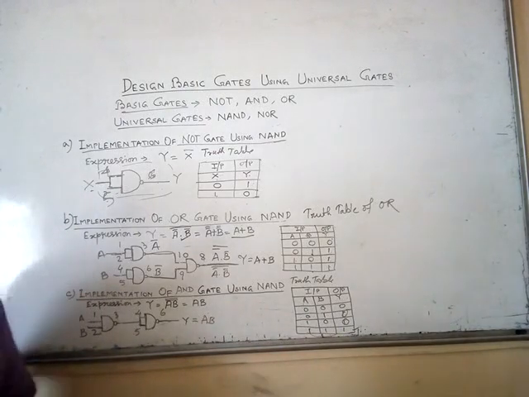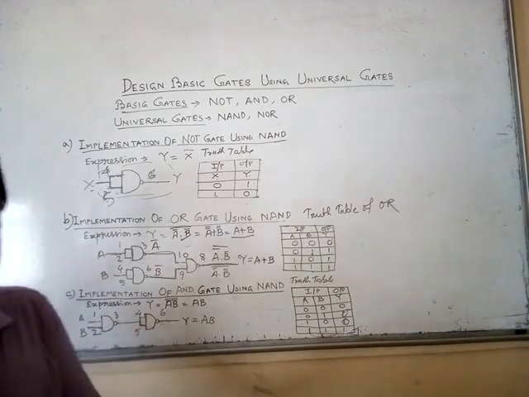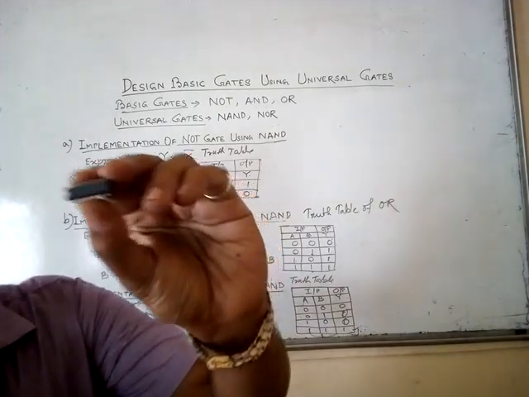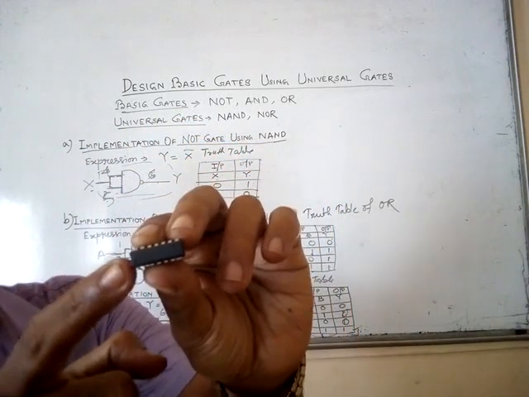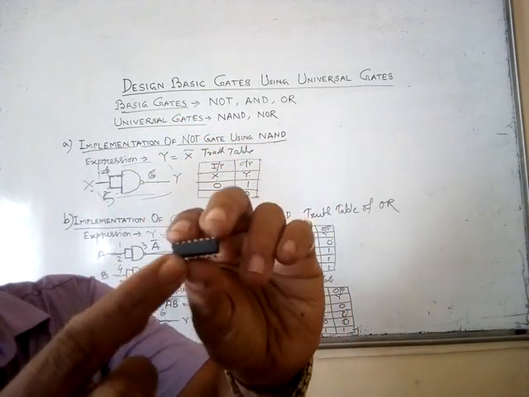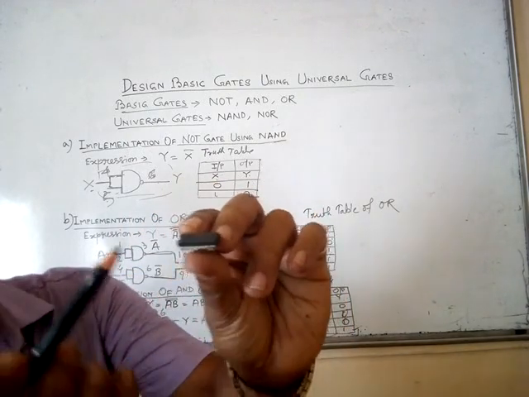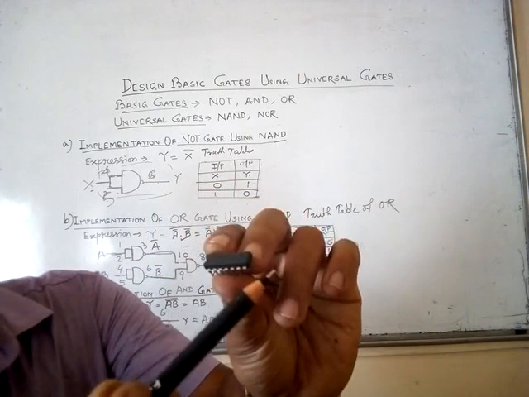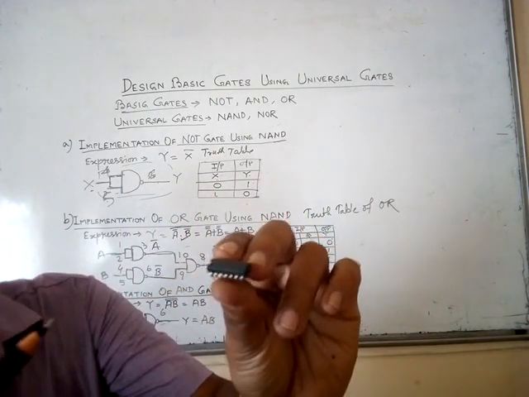So I already told about the IC. It is the NAND IC. You can see it, it is the NAND IC, and it has a notch. So you can see there are 7 pins at the bottom, 1 to 7, and here also 7 pins at the top. So how can we count?